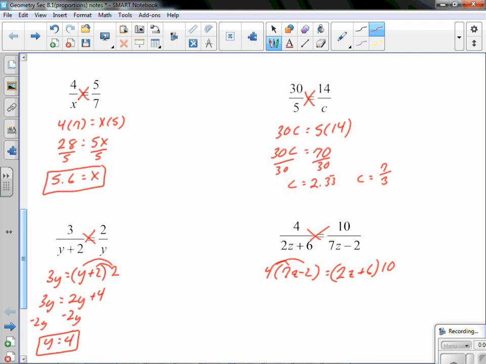Distribute the 4. 28z minus 8. Distribute the 10 over here on the other side. Gives us 20z plus 60.